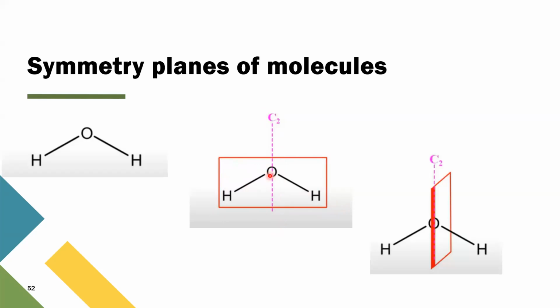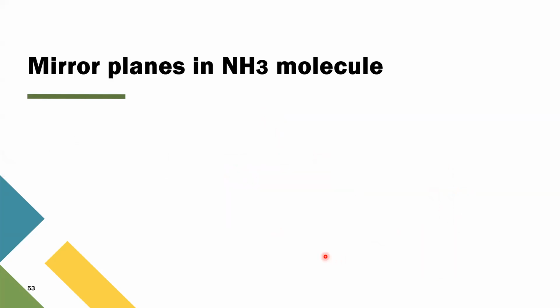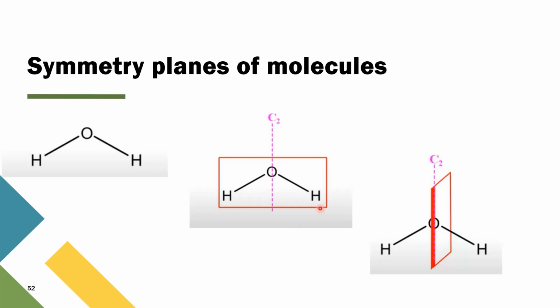And there is also another mirror plane. You can keep a mirror plane like this, which bisects through the oxygen atom and you get two equal halves. So here you get another mirror plane as well. So here we have the symmetry planes in the water molecule. Are these horizontal or vertical mirrors?